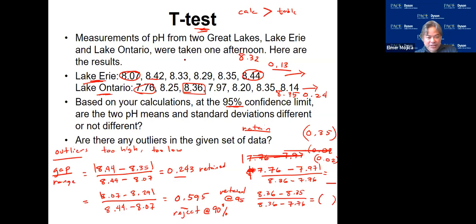So if you're going to compare it, Lake Erie may be like this one, Lake Ontario would be like that. But in one way or another, they will overlap. That's the reason why they are not significantly different. Because I think in my example, I showed you how two sets of values are significantly different. Okay?